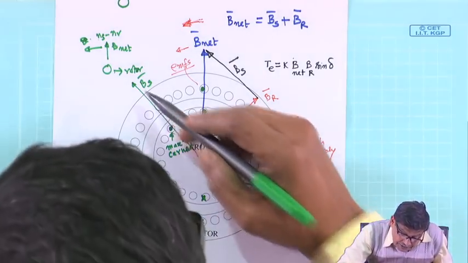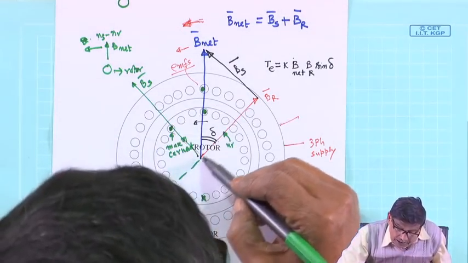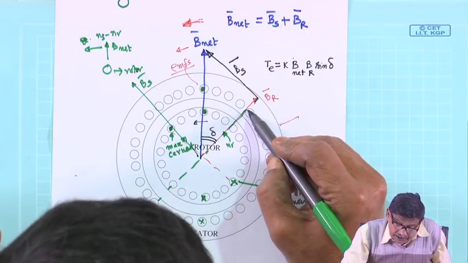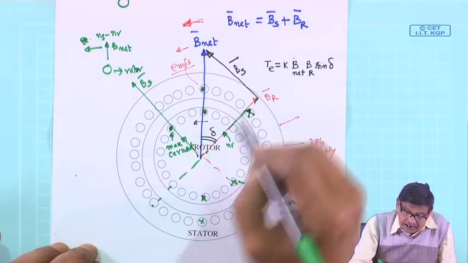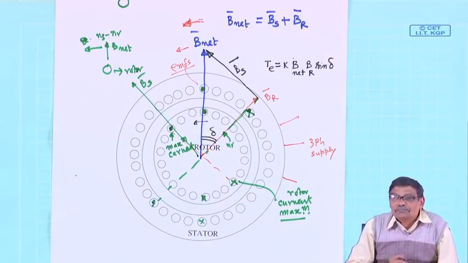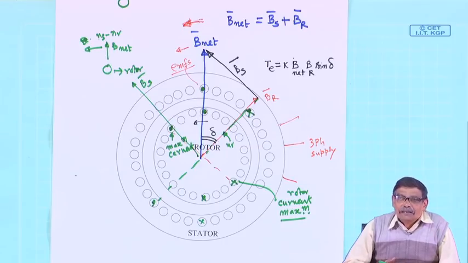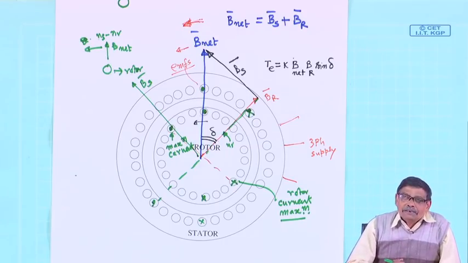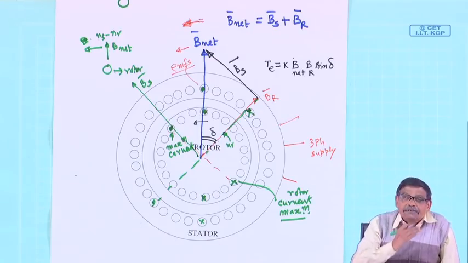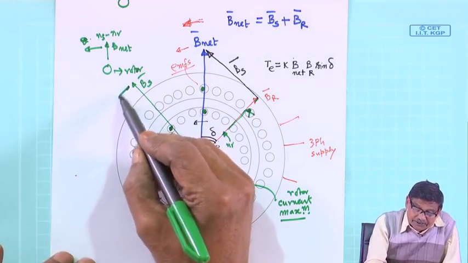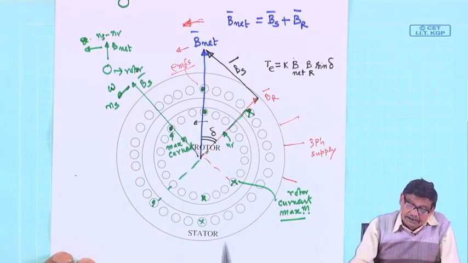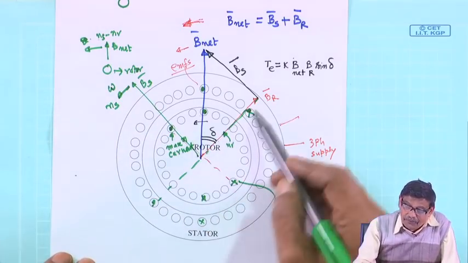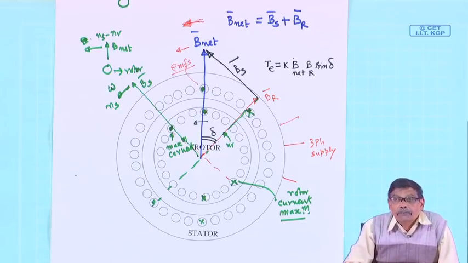I will say this is BS, then draw a perpendicular line here, and I will also be able to tell the direction of the current I max. Clear? Because of the stator current, the stator field is rotating, all rotating with synchronous speed, omega electrical speed or ns mechanical speed. So, I can also fix up where these rotor currents will be.